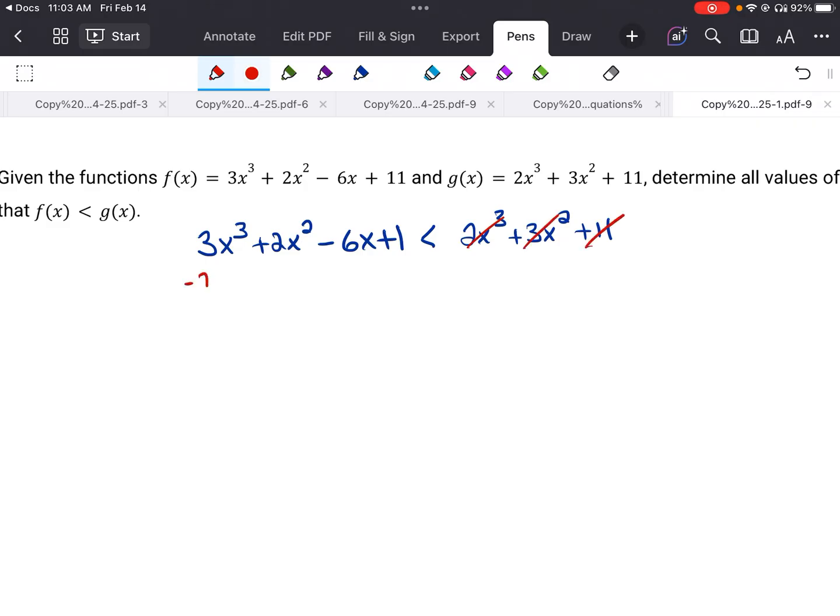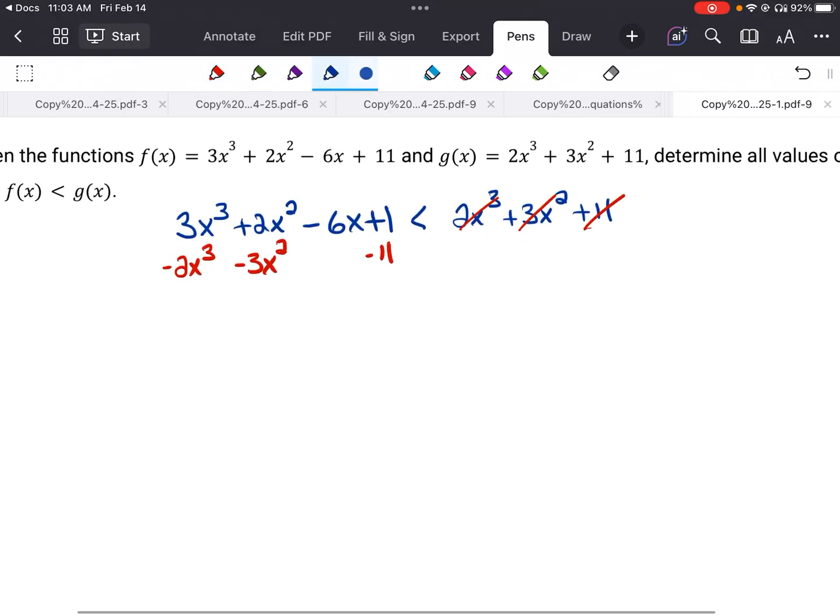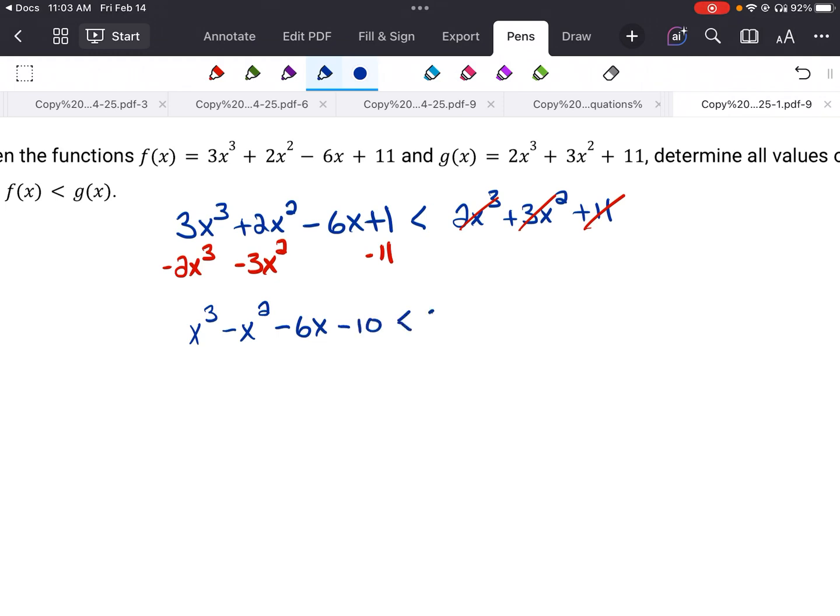So we're getting rid of these by doing the opposite operations. So we're subtracting 2x cubed, we're subtracting 3x squared, and we're subtracting 11. There is no singular x's. So we get an equation of x cubed minus x squared minus 6x minus 10 is less than 0.